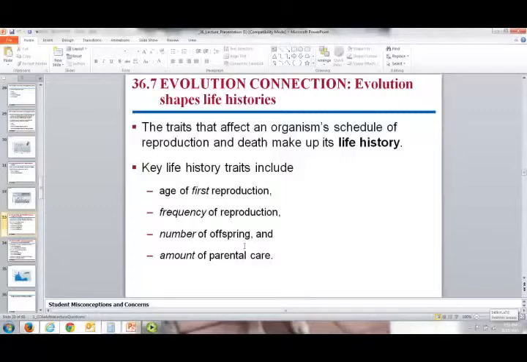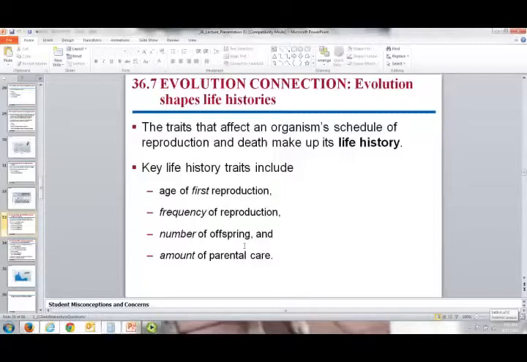Generally, what you will see is the more parental care that is required of the offspring, the fewer offspring the species will have. So for humans, we require a lot of parental care. We've got, on average, I guess legally, 18 years, probably a little bit more, of caring for an offspring. We also have relatively few offspring.